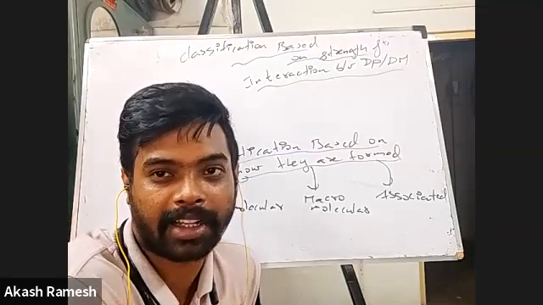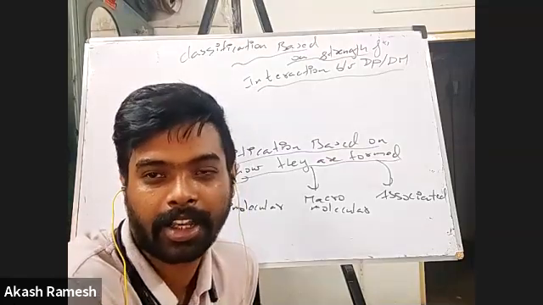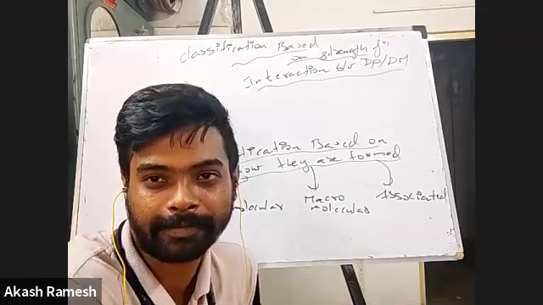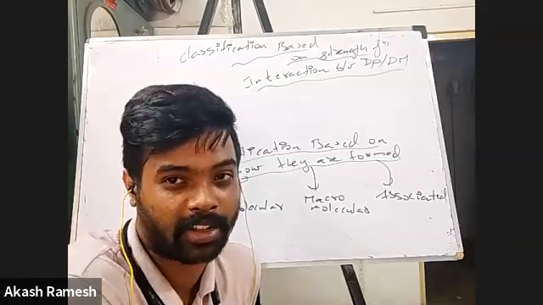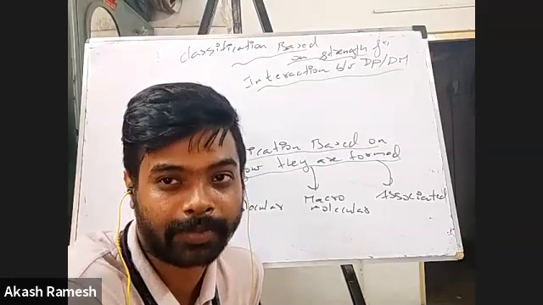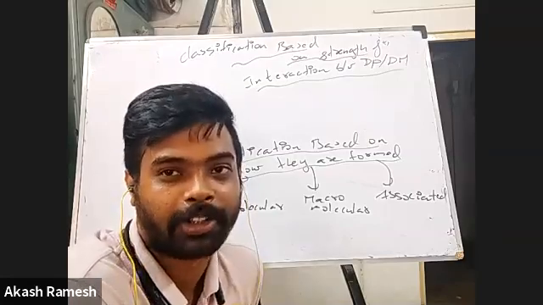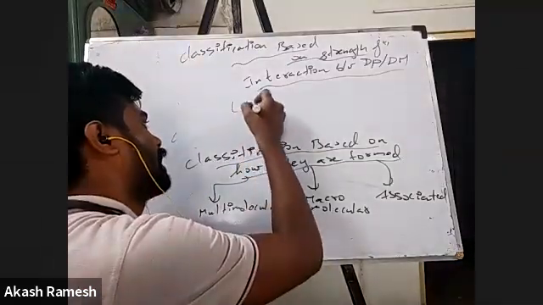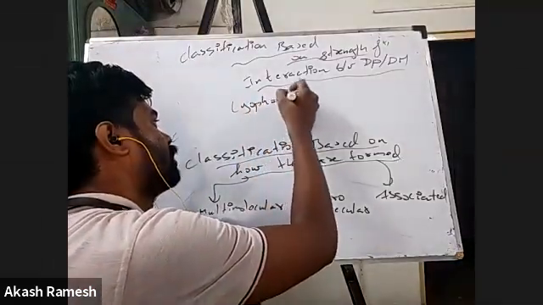So there are only 2 categories under this. The first is based on whether the dispersed phase and dispersed medium are in love, or they hate each other but still stay together somehow, right? That's the whole point. Based on that, I have 2 types. The first is what is called lyophobic colloids.